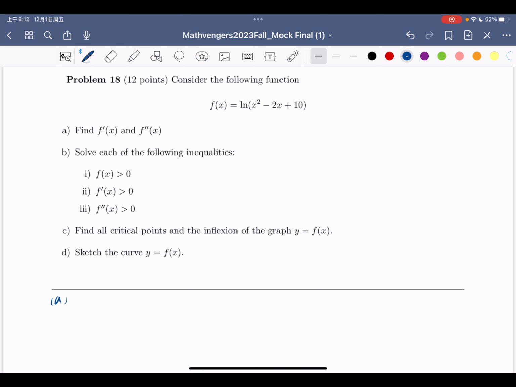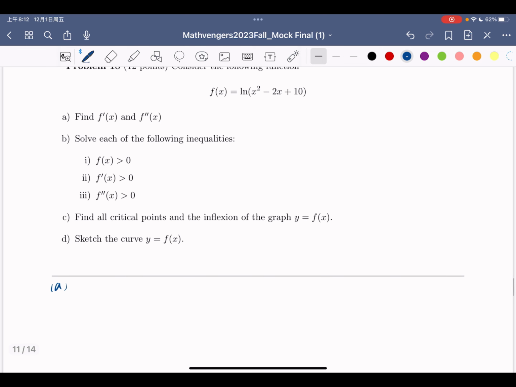We come back to our question, and we have f(x). So the first derivative should be, this is ln, and we know that the derivative of ln x is 1 over x. So we write 1 over the inner function. The inner function is x squared minus 2x plus 10.